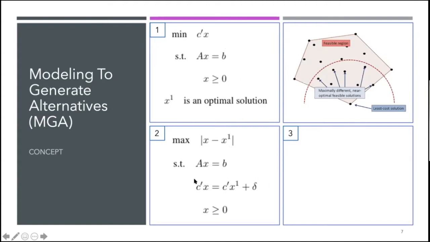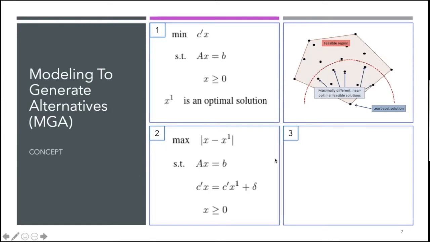And we are adding another constraint, apart from the Ax equal to b constraint. This constraint says that our current objective value, or total system cost, should be equal to the cost of the least cost solution plus some delta, which is some slack.